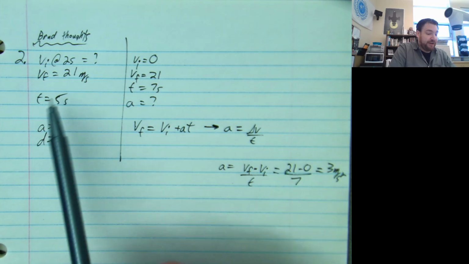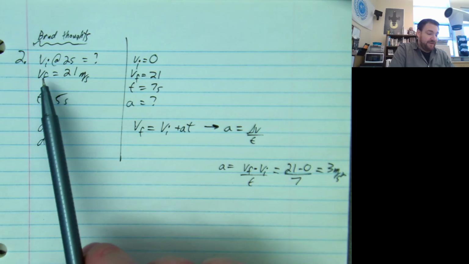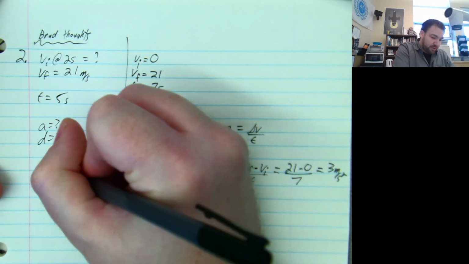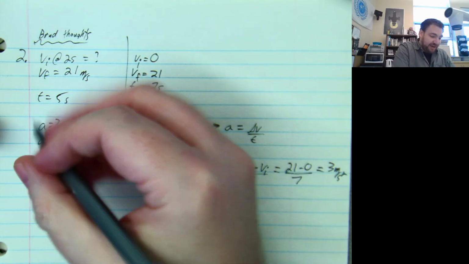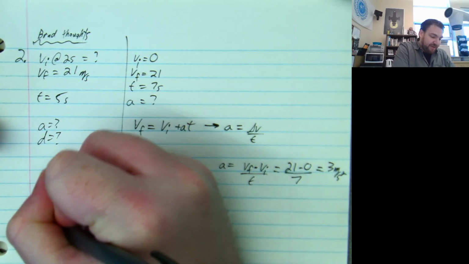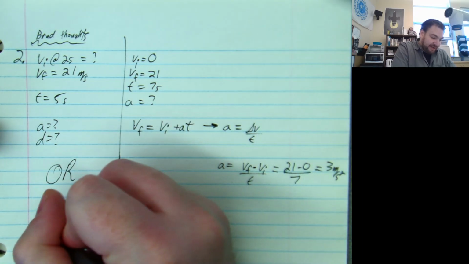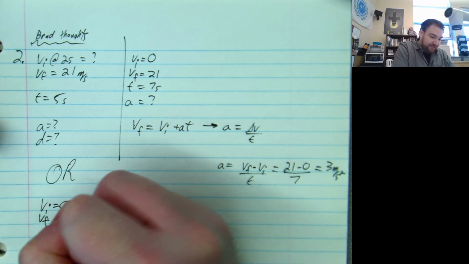And then you can hop over here. You can do it the way you were suggesting. If I want VI at 2 seconds, VF is 21. Or you could do it for the beginning chunk. You could say VI is equal to 0, VF is at 2 seconds, so then my time is equal to 2 seconds, and my acceleration is still 3.